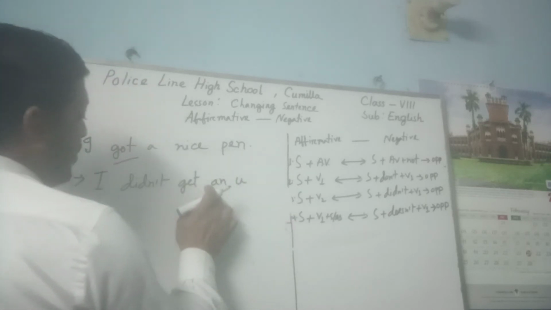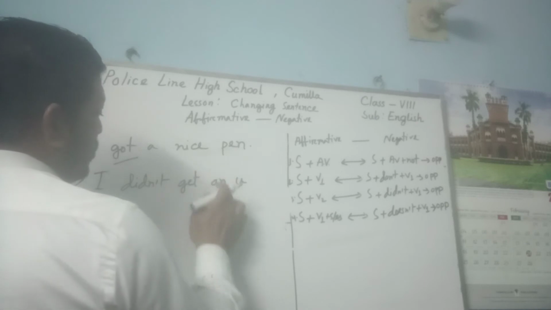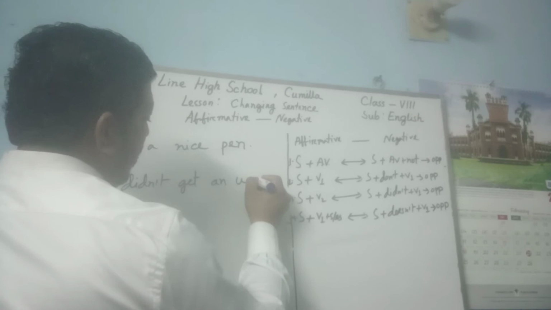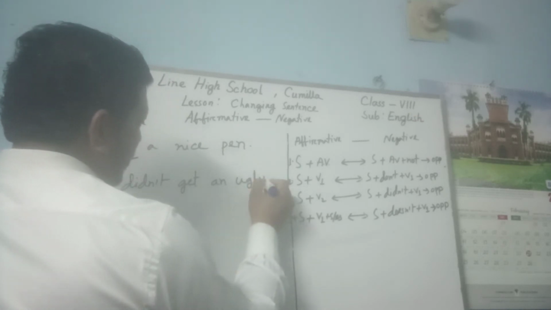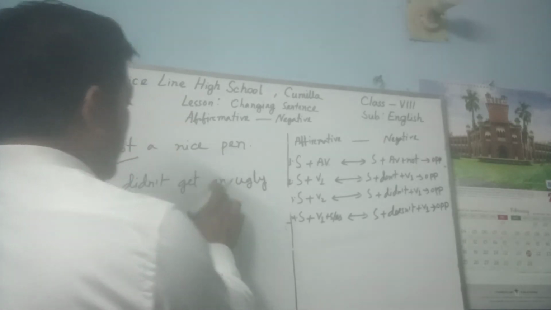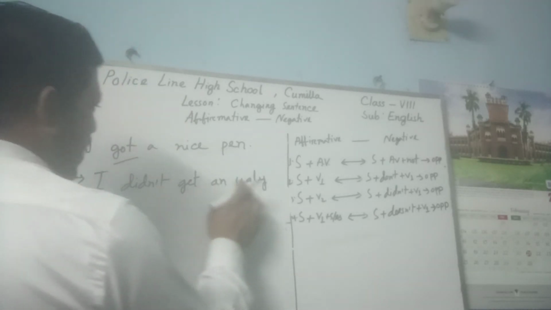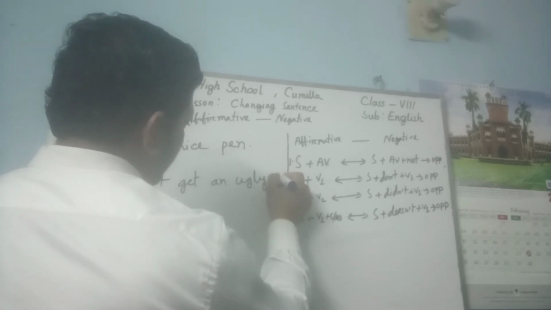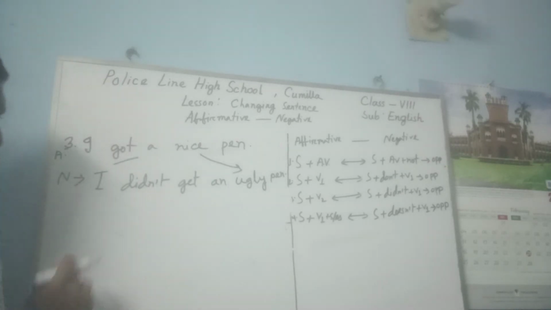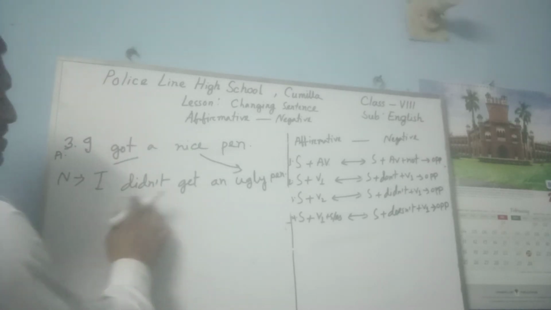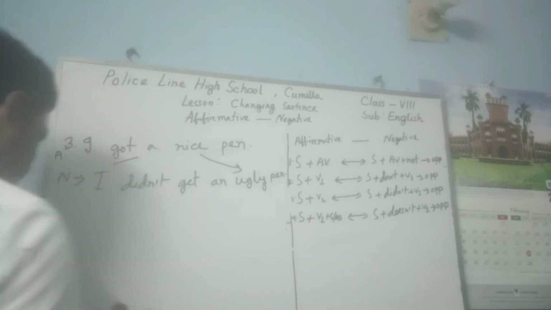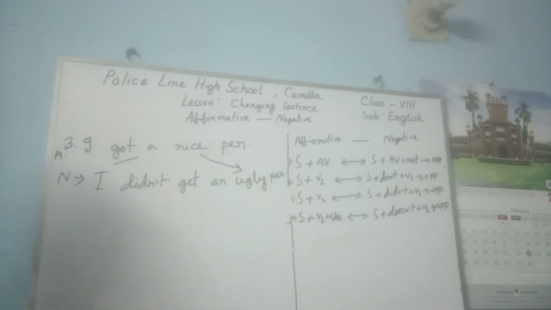I use an here because this word ugly starts with a vowel sound. That's why I have to write here an ugly pen. That is the opposite of nice. So the sentence is I didn't get an ugly pen.